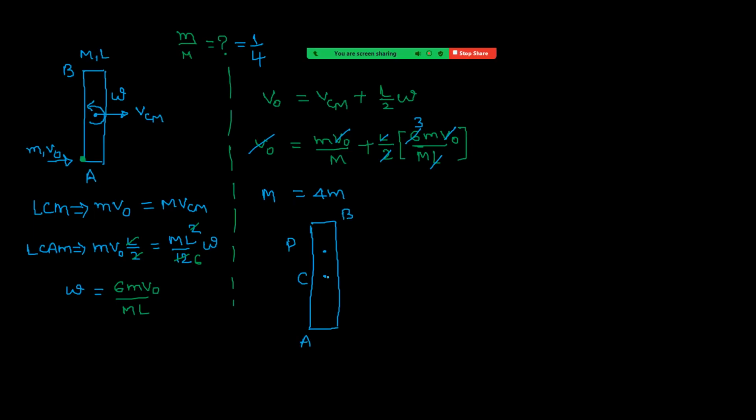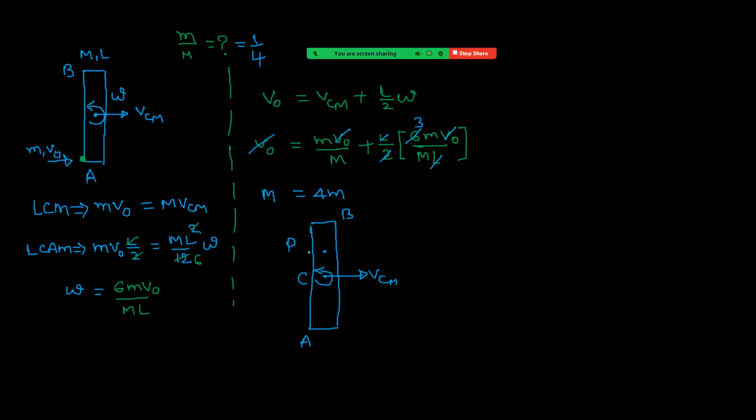Because of translation, for each and every point, velocity VCM is right side. Because of rotation, for points in between B and C, velocity will be left side. I am repeating, because of rotation for points in between B and C, velocity will be left side.